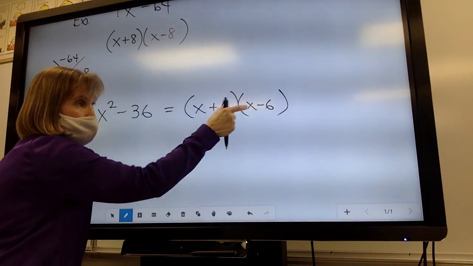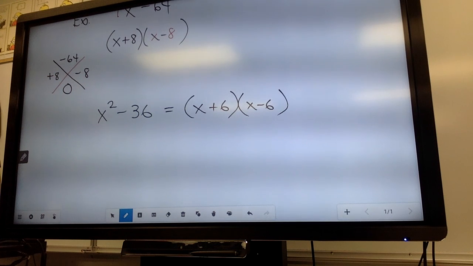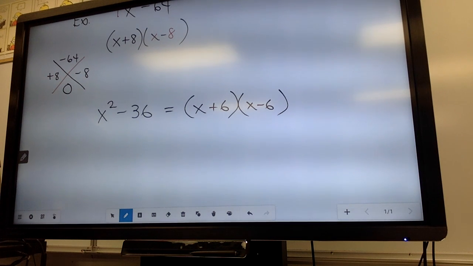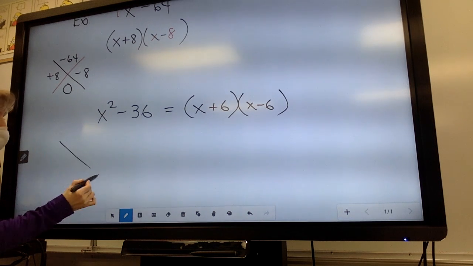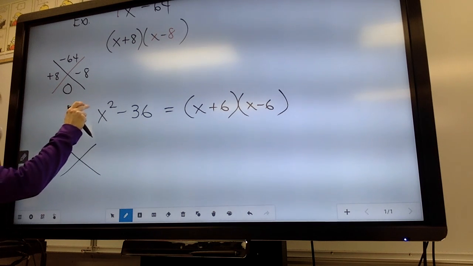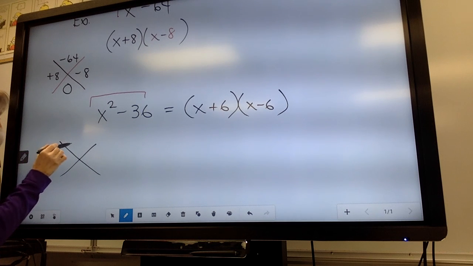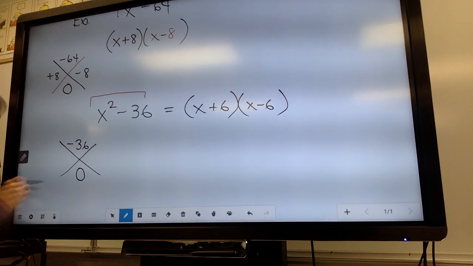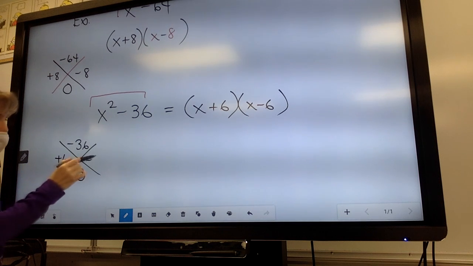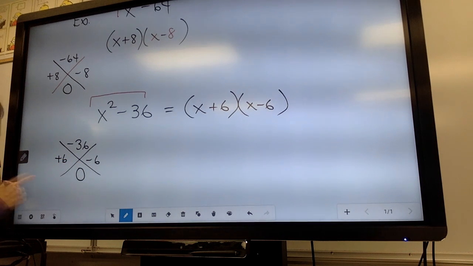And again, it doesn't matter which one of these you put first. If you said x minus 6 first, then x plus 6, that's fine. If you're not sure, you can still make an x. I can take the first digit times the last and say negative 36, but 0. So I'd be choosing a positive 6 and a negative 6. That still works.